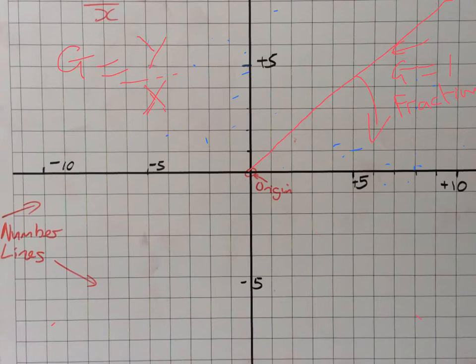So, for example, let's get rid of this. If we take a line that goes there, and we take the best fit triangle to that line, it goes to there.